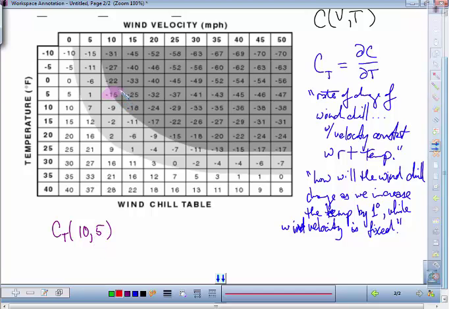So let's do the rate of change with respect to temperature going up. And so what we can do is find a value where we have the change in temperature. So I'm just going to put a regular C now without the subscript, which means I'm looking at the actual wind chill.